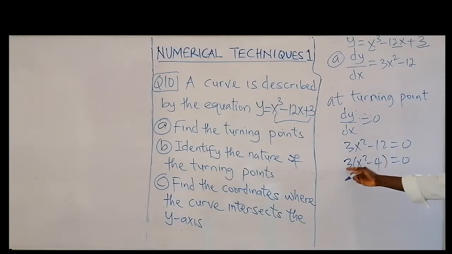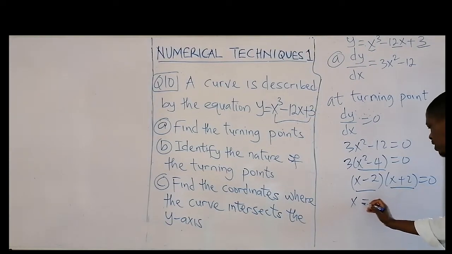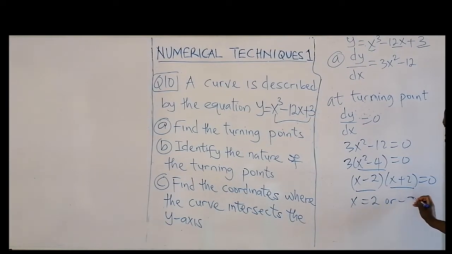Divide both sides by 3 and you have (x minus 2)(x plus 2) equal to 0, because this expression is a difference of two squares. That implies this is equal to 0 or this is equal to 0, so x is equal to 2 or minus 2.